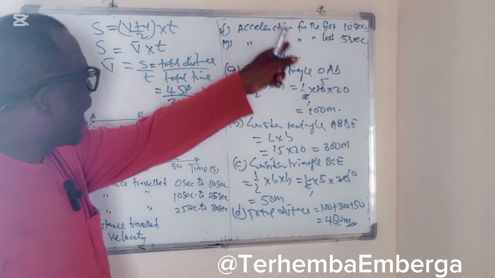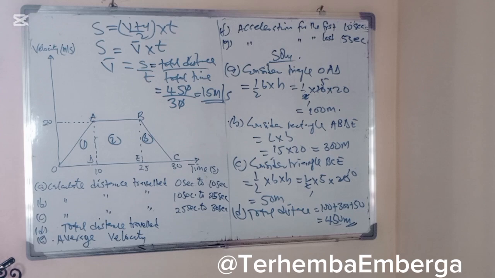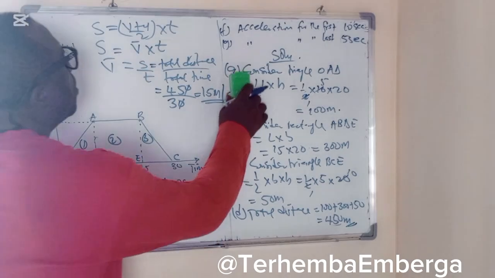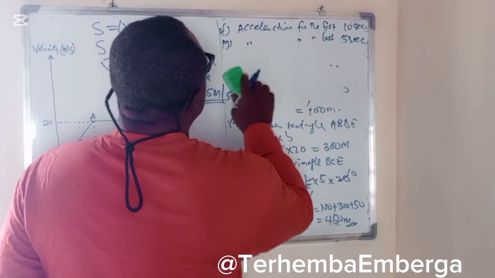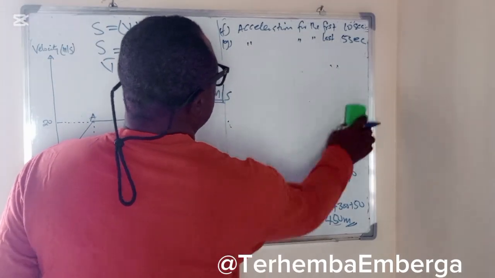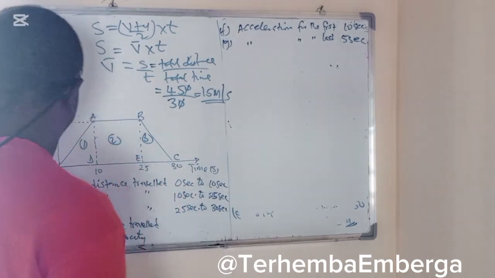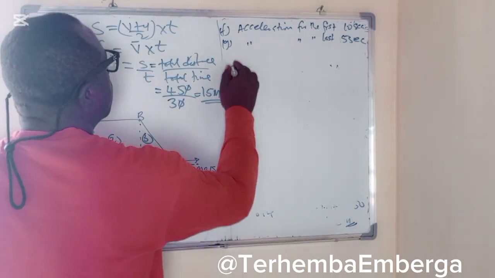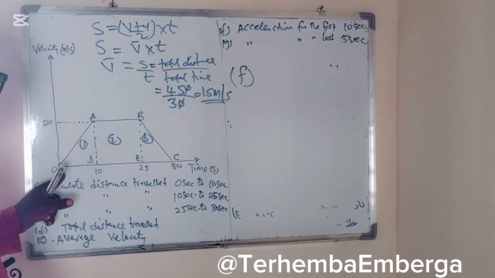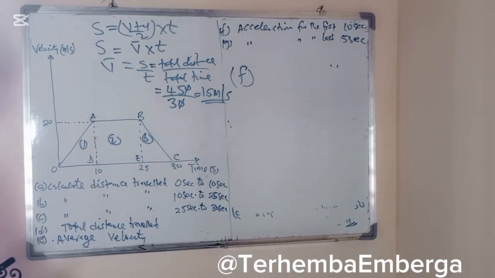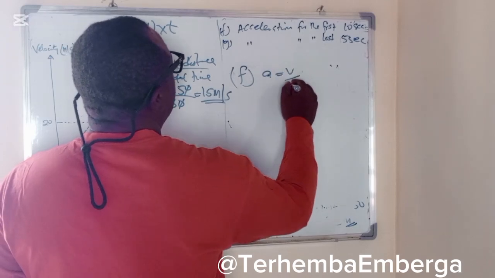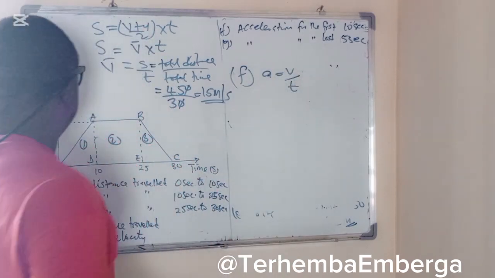So they say acceleration for the first 10 seconds. So the acceleration, that is F, for the first 10 seconds. Acceleration means velocity over time.